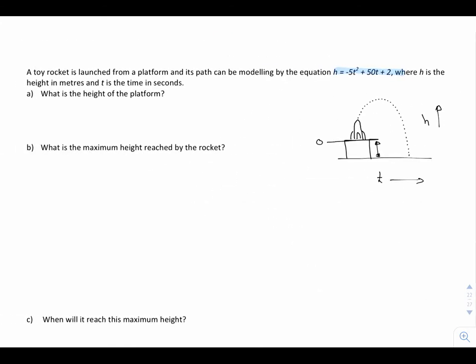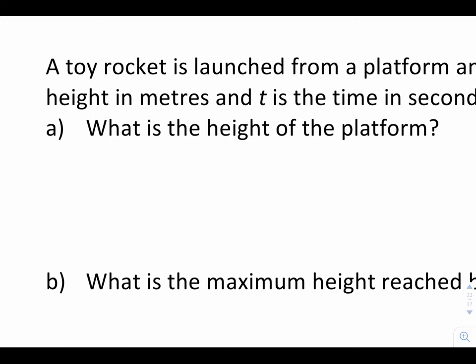So let's take our equation and replace t with 0. The equation here is h equals negative 5t squared minus 50t, plus 50t, and then plus 2.